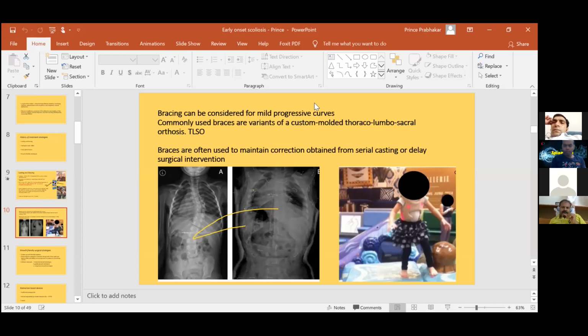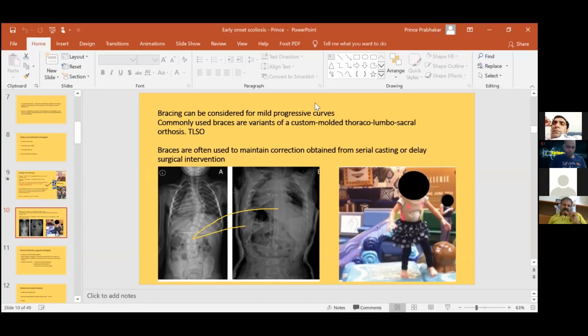Hello, sir. Regarding hemivertebra excision, what is the earliest stage at which you would like to operate? If you see an unsegmented hemivertebra at 1.5 to 2 years of age, will you wait for some time or operate earlier? 3 or 4 years, that's the age, because you need to hold it with something above and below.